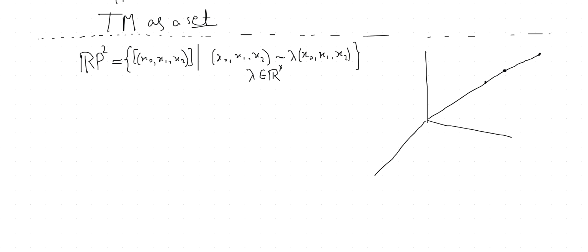So those are the observations. That's true. Yes. That's true. Yes. Yes. That's right. So that means your lines are your points. The lines in R3 are points of R2.